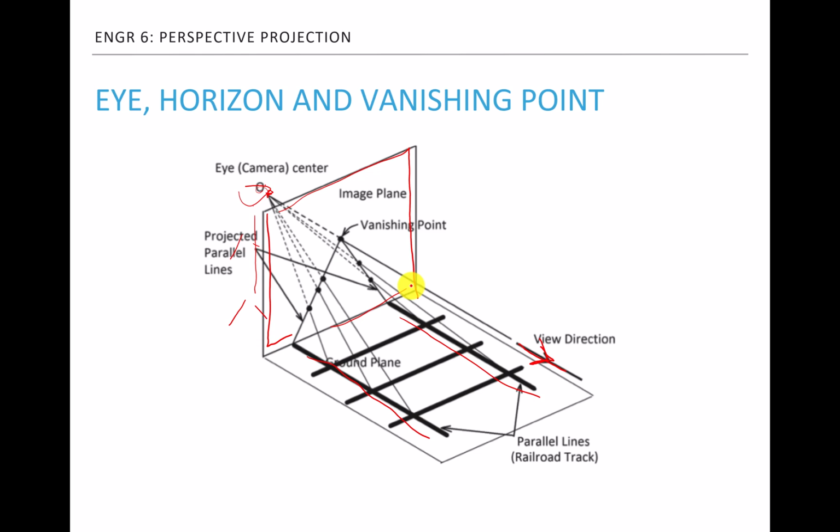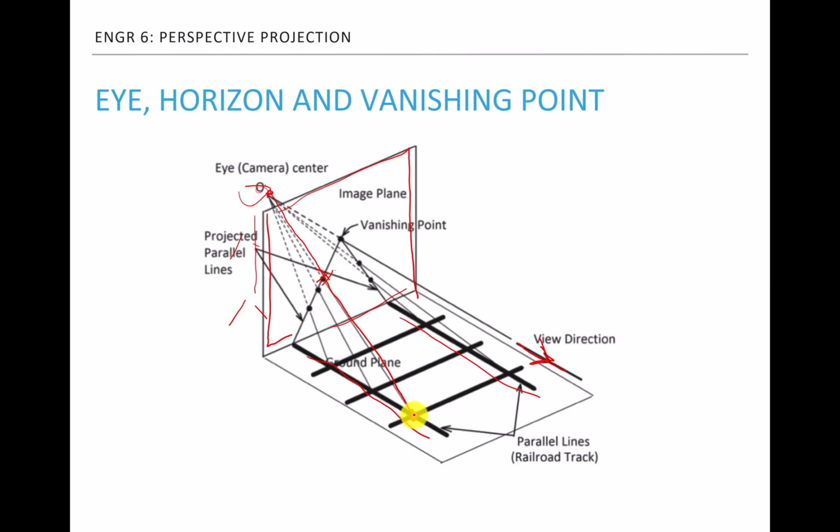Let's say this is made out of glass, so you can still see through it. For each point on the track, you can draw a line between your eye and a point on your object, and then you can mark the projection point on that image plane.